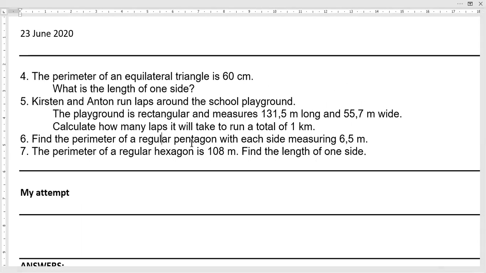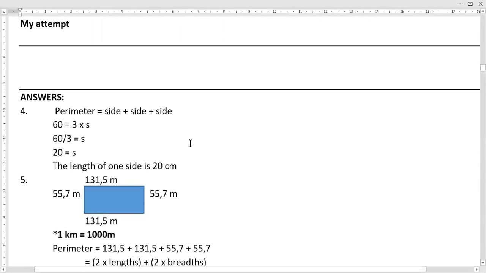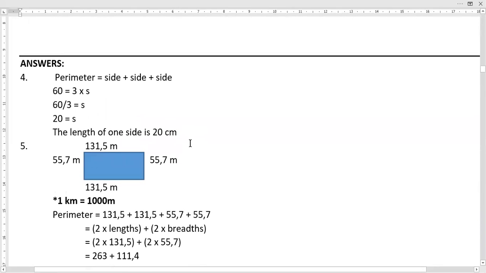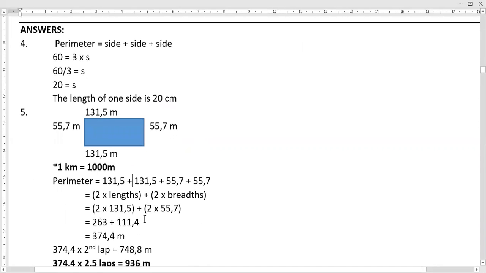So you can do this 2 ways. The one way is to basically add up, or you can divide and see how many laps it's going to take. It doesn't really matter which way you want to do it, but keep in mind how many meters is in 1 kilometer, because remember they're saying to you that they have run 1 kilometer. You need to make sure that you have something as close to that as possible.